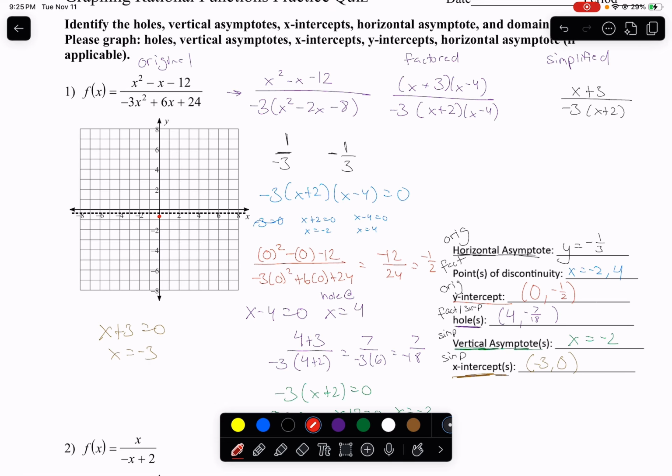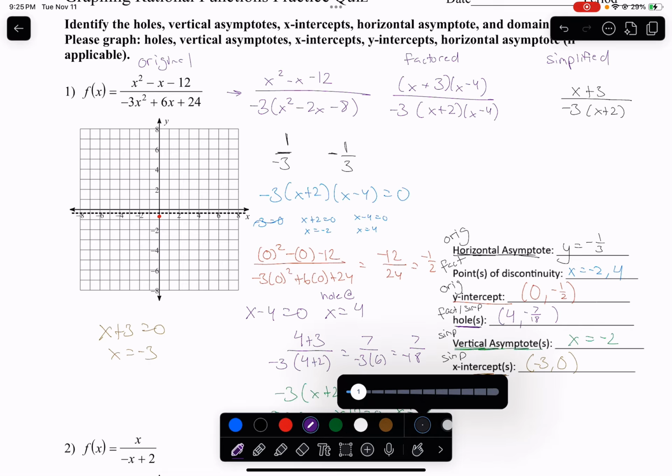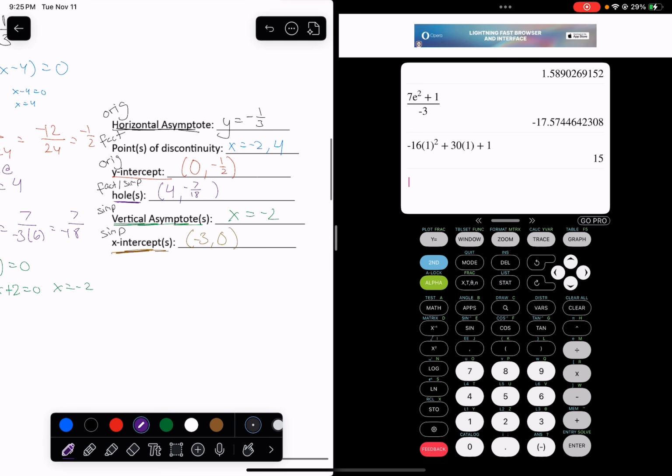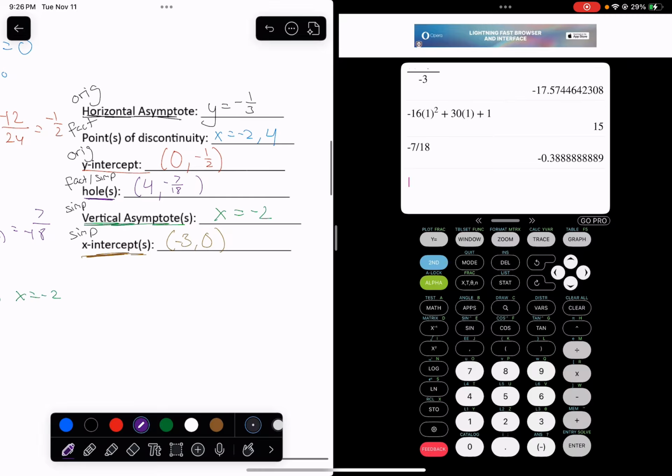And then I have a hole. I did that in purple. And my hole occurs at 4, negative 7/18. Now, obviously, negative 7/18 is kind of a gross decimal. Maybe you can look at that and be like, well, it's kind of close to negative 0.5. But I feel like it does help to get a decimal equivalent. Actually, 0.5 wasn't a great guess, it would be closer to 1/3.